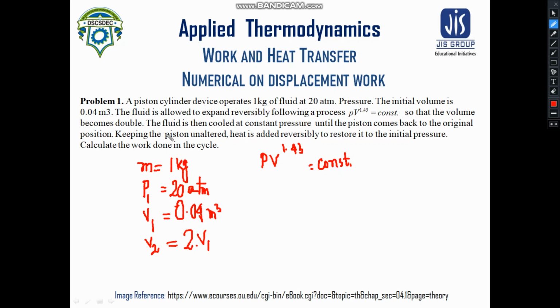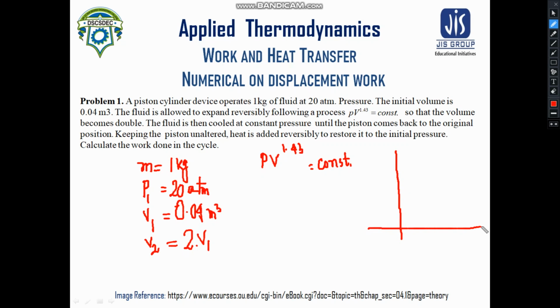The fluid is then cooled at constant pressure until the piston comes back to the original position. Keeping the piston unaltered, heat is added reversibly to restore it to the initial pressure. For this problem, there is a serious need to draw the diagram.